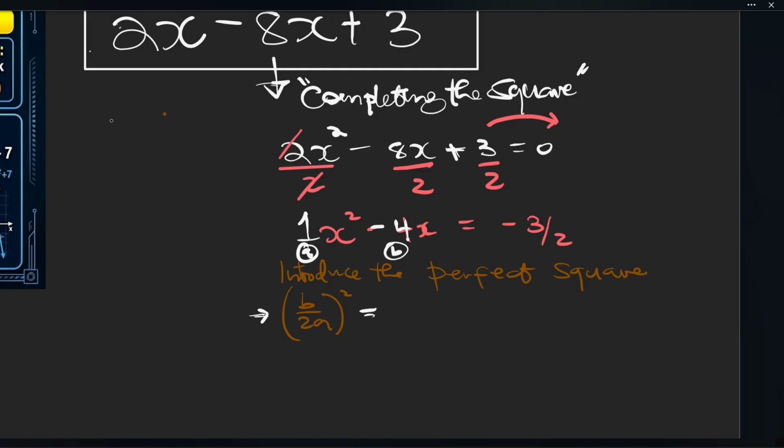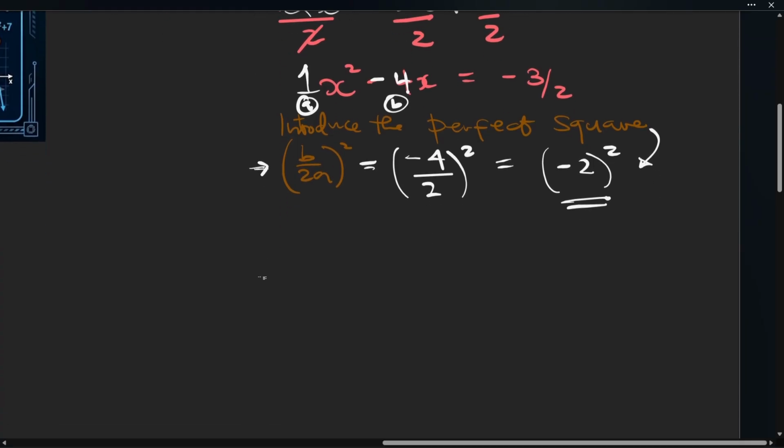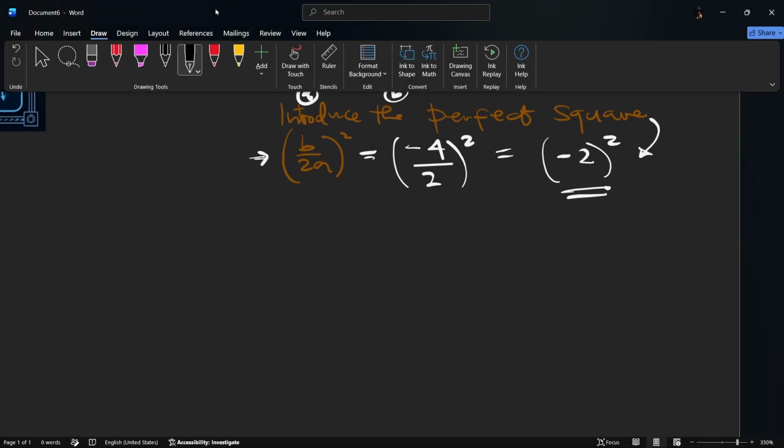So just substitute the values of a and b. b is negative 4 over 2. a is just 1, so it won't make a difference squared. And this becomes negative 2 squared. So this is the perfect square, and you cannot simplify it. You will have to add it onto the equation on both sides. So let's do that.